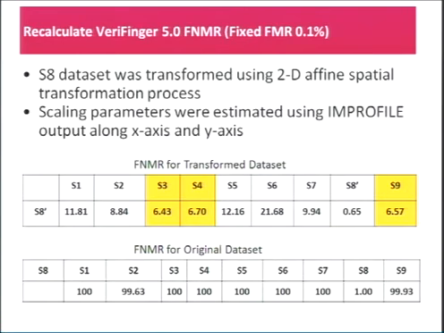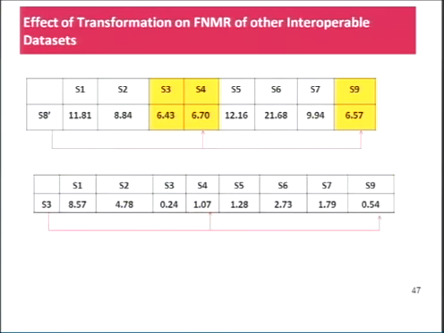The false non-match rate dropped dramatically from 100% for its original dataset to 6.43%, as you can see in the table with the yellow boxes. So the S8 prime and S3 datasets actually showed quite a reduction, but the S8 prime dataset also showed a reduction in false non-match rates with the S4 and S9 datasets, which was pretty dramatic.